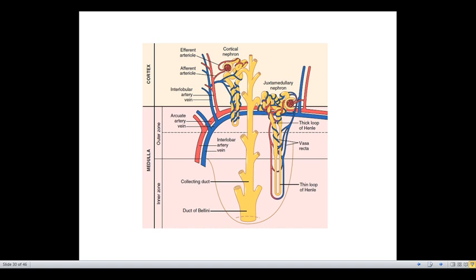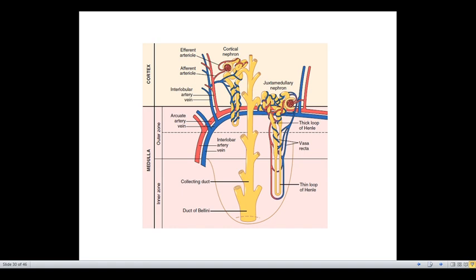This figure shows the relation between blood vessels and the different renal tubular segments. It also shows cortical and juxtamedullary nephrons, which I mentioned earlier are the two main types of nephrons.